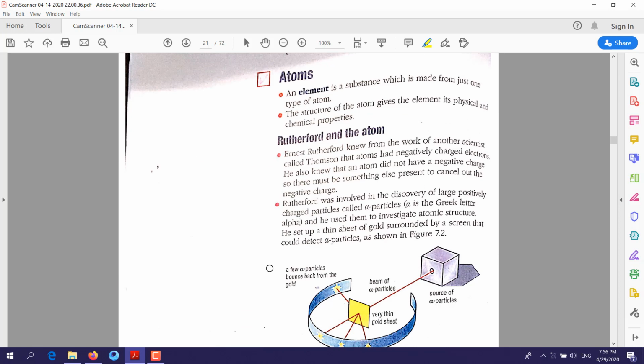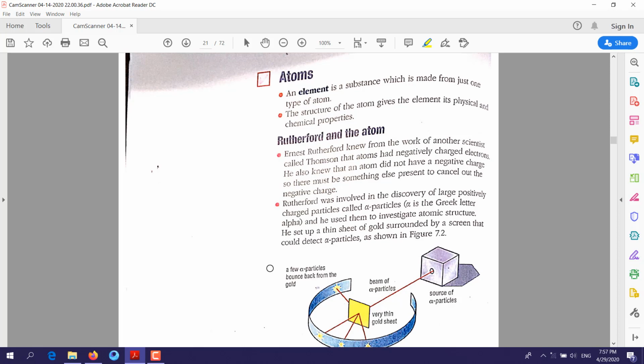Atoms. When we gave the definition of element, we said an element is a substance that is made up of only one type of atom. So what is an atom? An atom is the smallest unit in the universe that can exist.